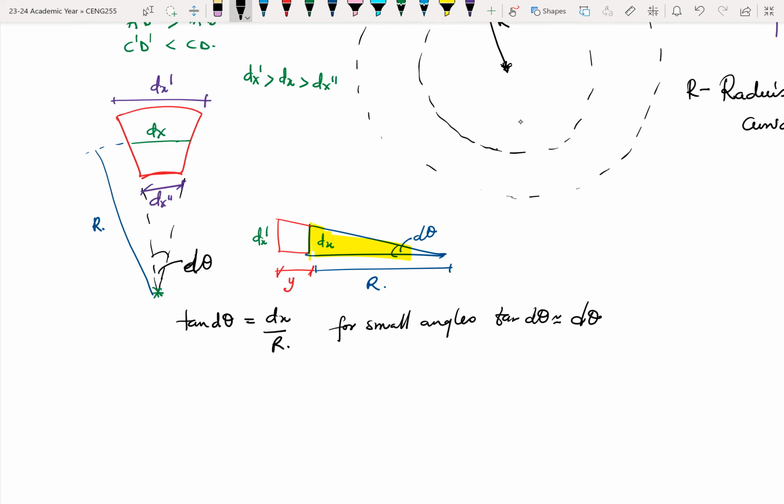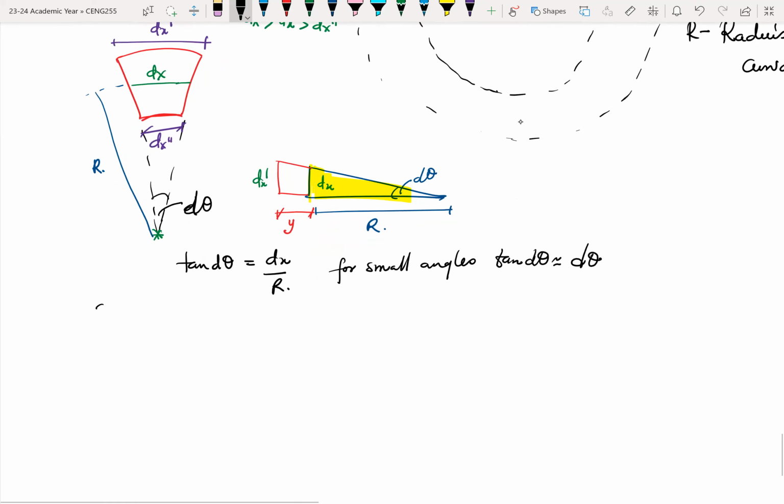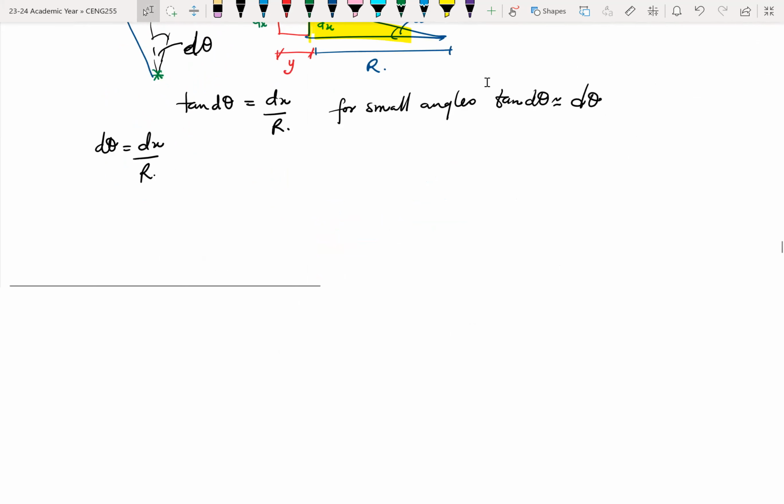For very small angles, the change is negligible. So I can rewrite this equation as d theta is equal to dx over r, and that implies that d theta over dx is equal to 1 over r.